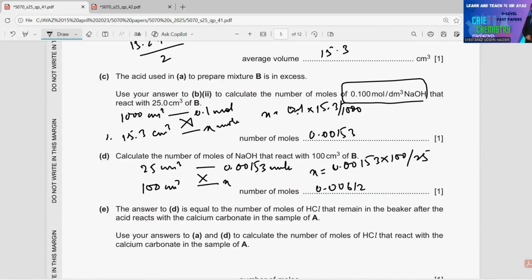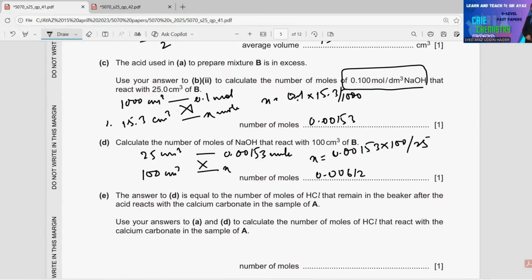The answer to D is equal to the number of moles of HCl that remain in the beaker after the acid reacts with calcium carbonate in the sample of A. Use your answers to A and D to calculate the number of moles of HCl that react with calcium carbonate in the sample of A. So we need to find the difference between the moles in order to find the number of moles that actually reacted with calcium carbonate. So we have A and D. Where is A?